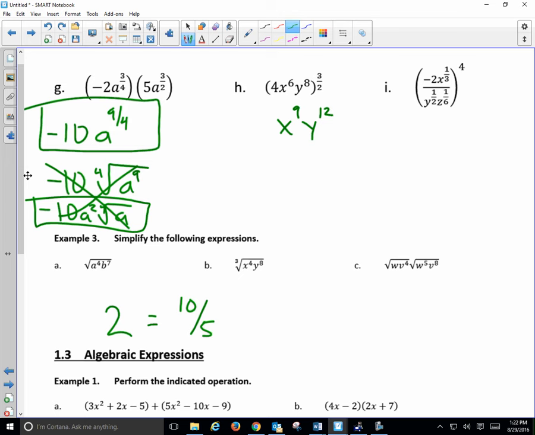And then I have 4 to the 3 halves. The mistake that some of you will make is you'll actually take 4 times 3, which is 12, divided by 2 is 6. But the operation is power. So what do you do to your coefficient? You take it to the power. So you can either take 4 cubed, which is 64, square root is 8, or you can take 4 square root, 2 cubed is 8. So either way it works out.